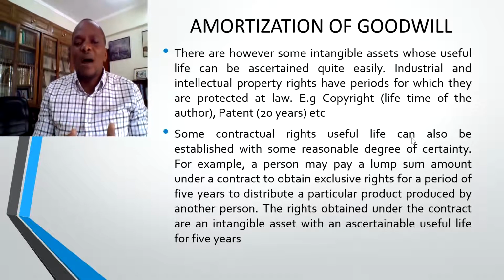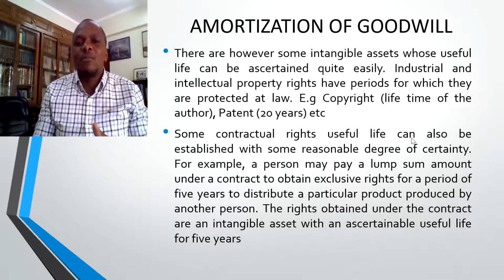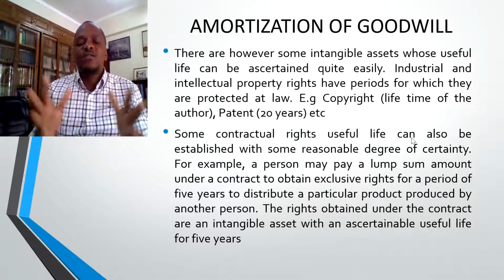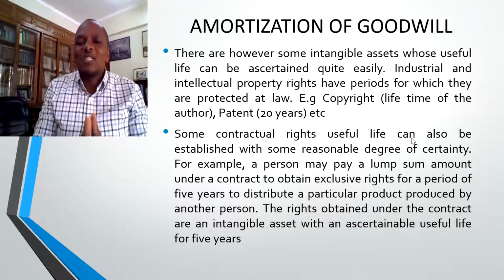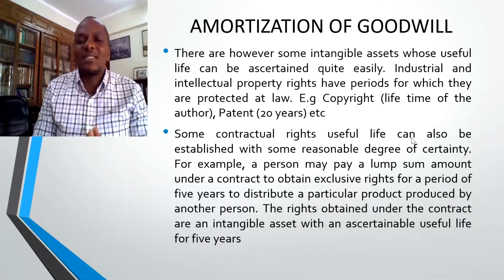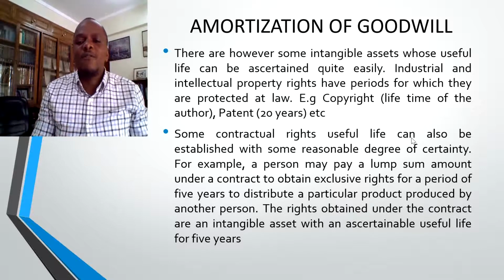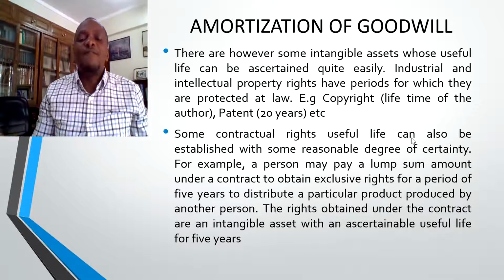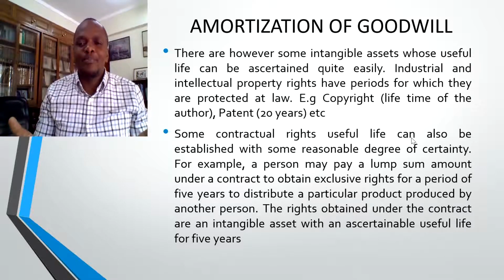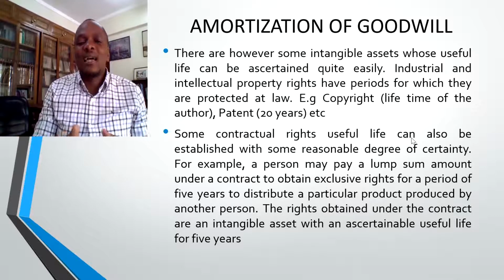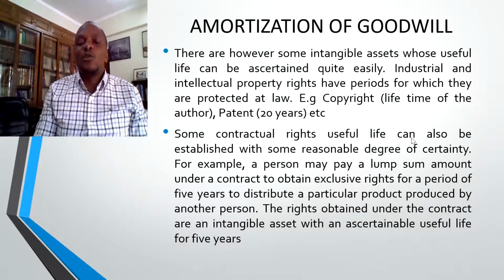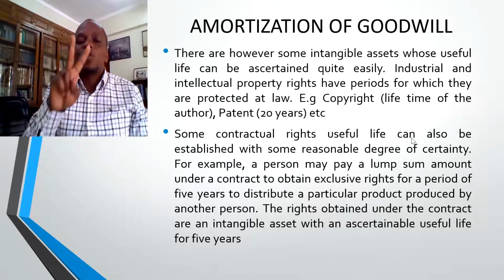If it's a trademark, and we know the useful life of a trademark before its renewal is 5 years, so you amortize the intangible asset for a period of 5 years. If it's a patent under the Industrial Property Act, its useful life is 20 years.